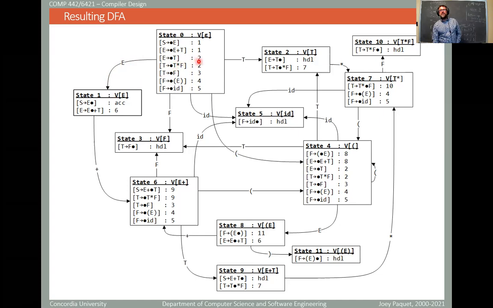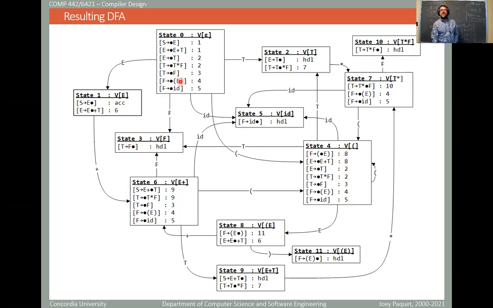And I do the same if I go past a T here, there are 2 of them. So if I go past a T, I go to state number 2, and these 2 rules become the starting item set for my state number 2. And then if I go past an F, there's only 1 rule. So this rule, with the dot moved after the F, becomes my starting item set, a singleton in this case, for my state number 3.